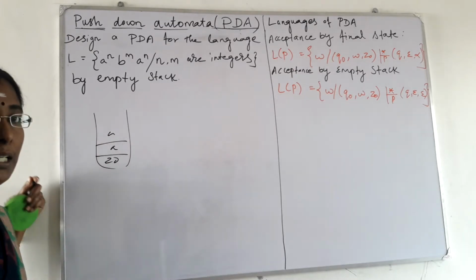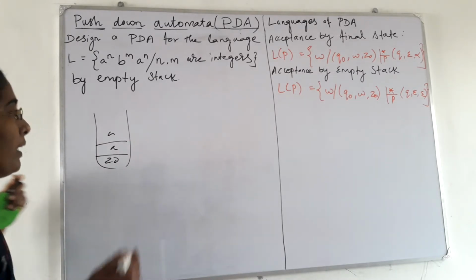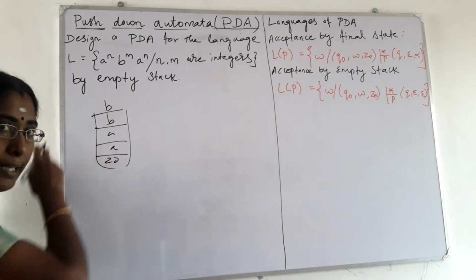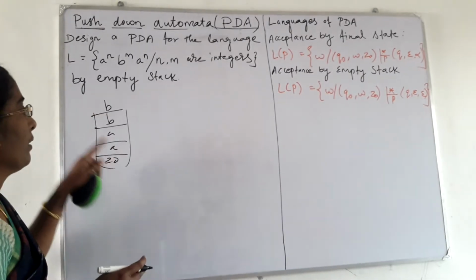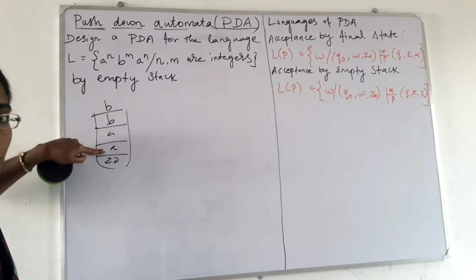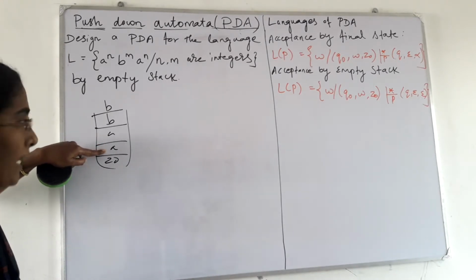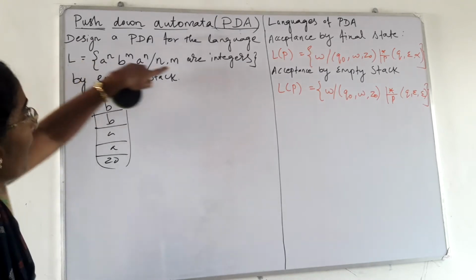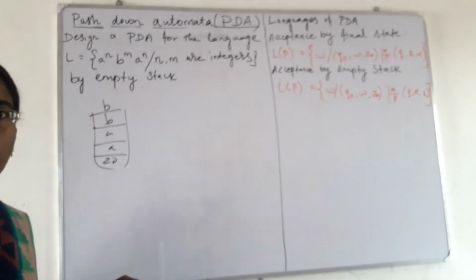Then we would push the m number of b's onto the stack. That is the normal operation in a pushdown automaton.